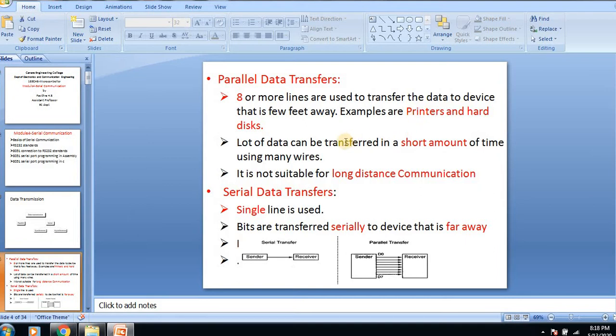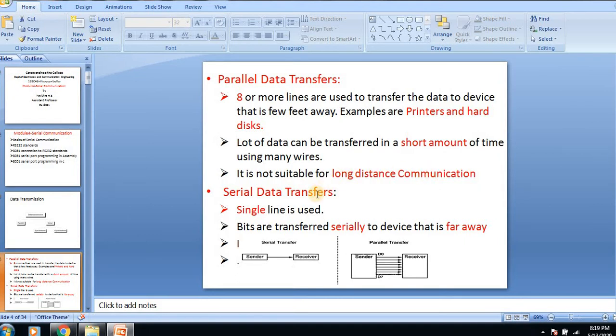In parallel data transfer, a lot of data can be transferred in a short amount of time using many wires, but it is suitable only for short distance communication, not for long distance communication, because when we use it for long distances, there are more chances of losing the data.